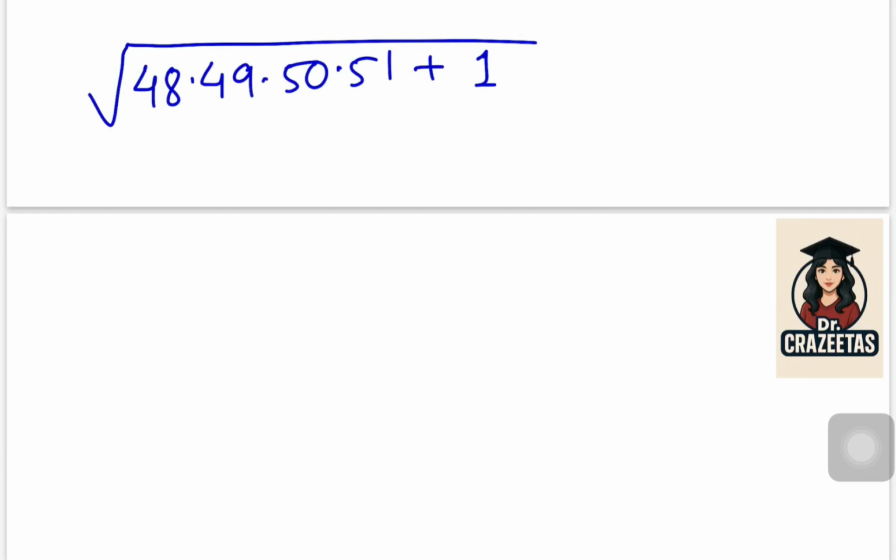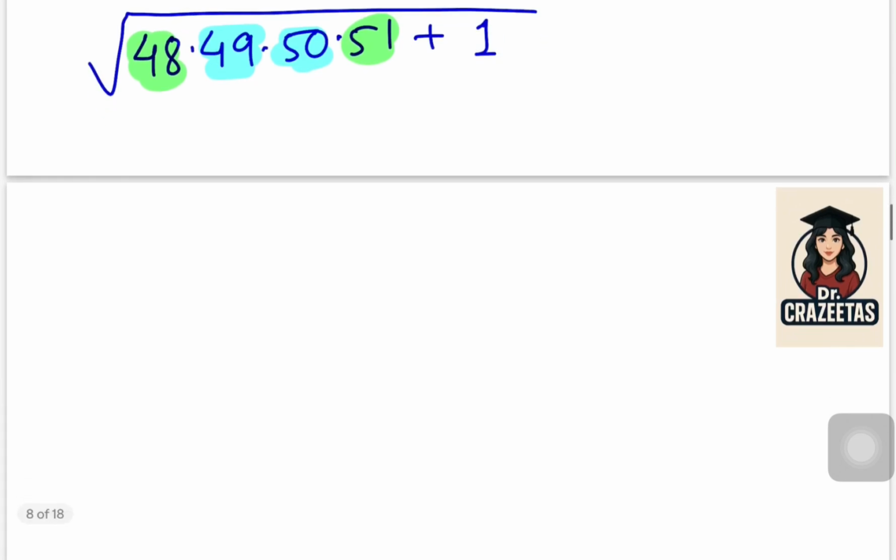You can multiply 48, 49, 50, 51, then add 1. That you can also do, but we will do simplification with a certain combination that will give us a good answer. So what I am doing here, I am combining 48 and 51, and the next combination we are taking as 49 and 50. Here we are doing just manual multiplication. I am writing the steps. I hope you are going to follow.